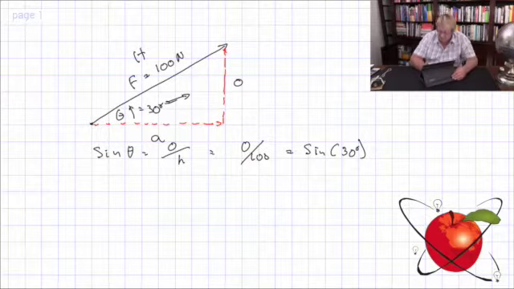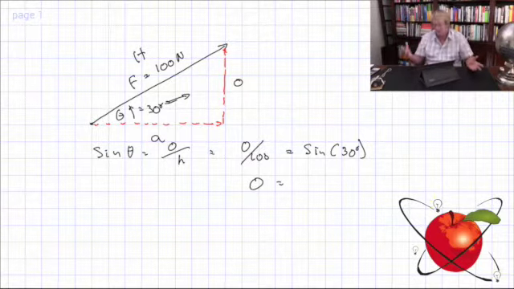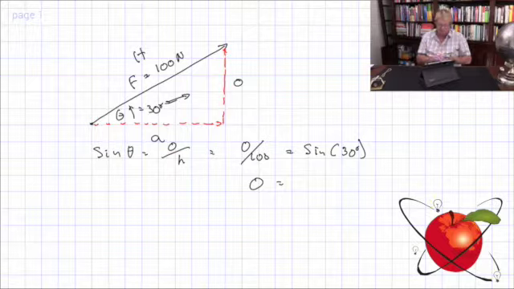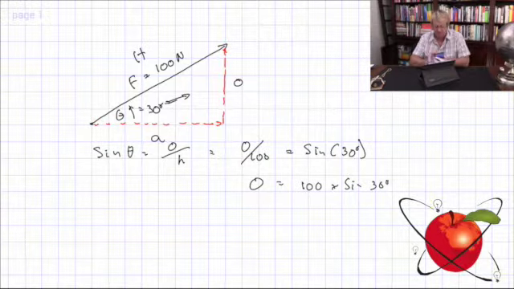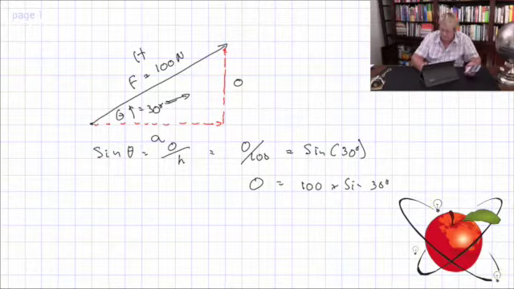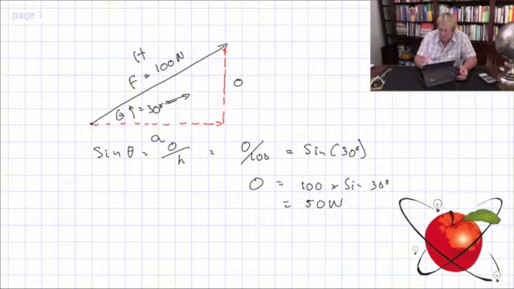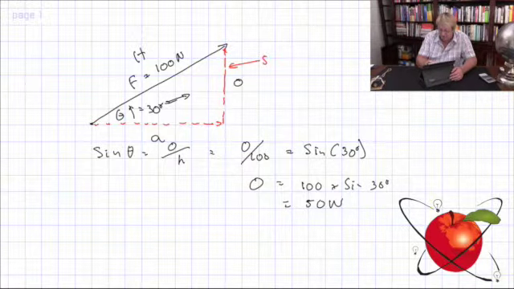Now, if I rearrange, the opposite side, as you've done with some of the trig triangles, is going to be equal to 100 times sine of 30 degrees. 100 times sine of 30 degrees is going to be equal to 50. Now I can say that this over here is 50 newtons.